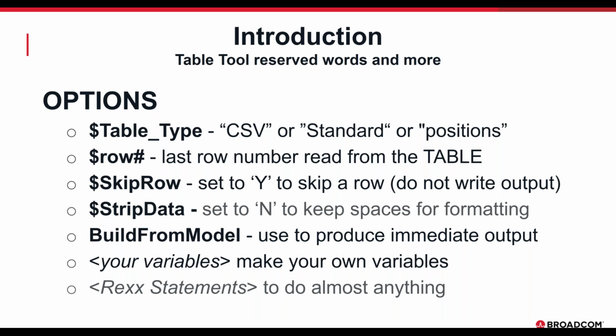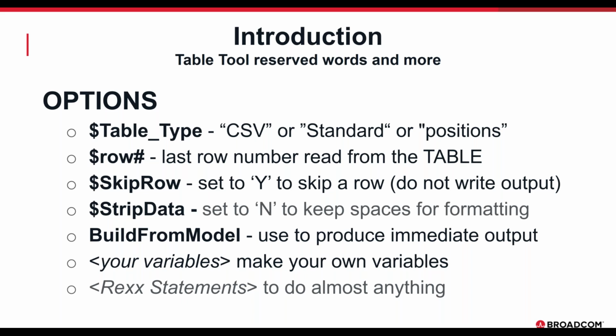We'll have one example of that type today. Every time the Table Tool reads a row of the input file, it increments the next variable, $ROW. That's a Rexx variable that tells you what was the last record read from the input file, the one that has the DD name of TABLE.